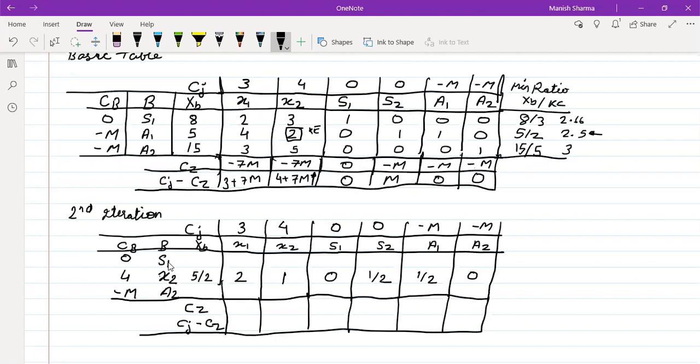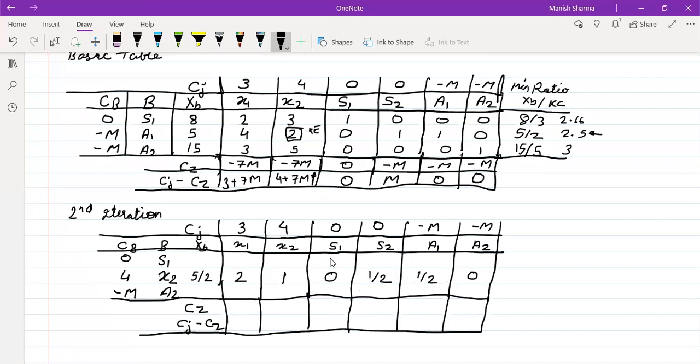Okay, then to find the new value of the key row, you have to divide all the elements in the key row by the key element. Key element is 2, so we are dividing by 2. So 5 by 2, 4 by 2, 2 by 2, 0 by 2, 1 by 2, 1 by 2 and 0. Okay, so I have written that.